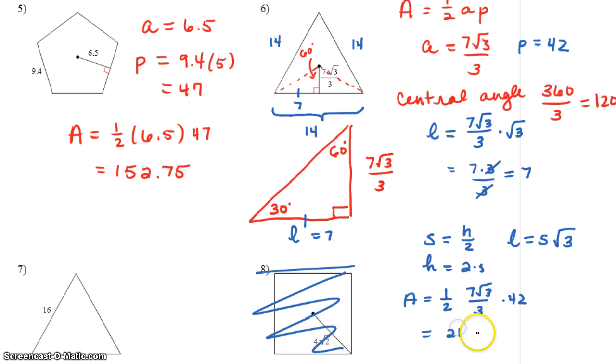That's 21. And then we have times 7√3/3. See if you can simplify anything here. 21 divided by 3, that's 7. And then I have 7 times 7 times the square root of 3, or 49 times the square root of 3. And that would be in square units because we're finding the area.